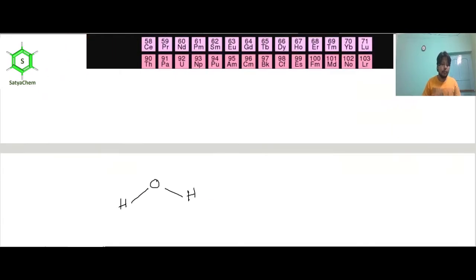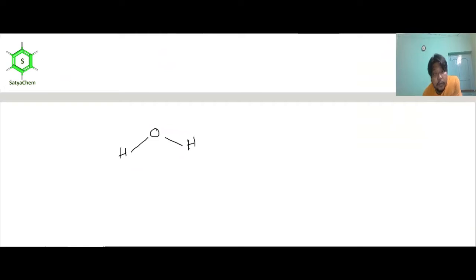Clear? So oxygen, nitrogen, fluorine will try to hug electrons. As a result, electron density will shift towards the oxygen atom.